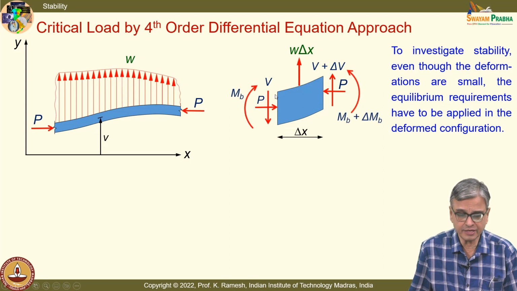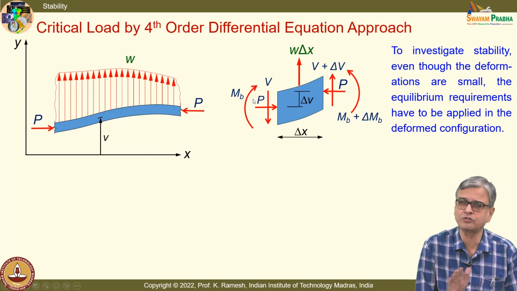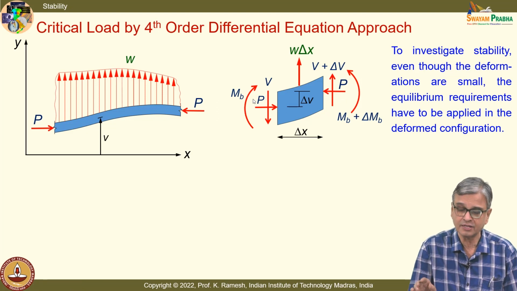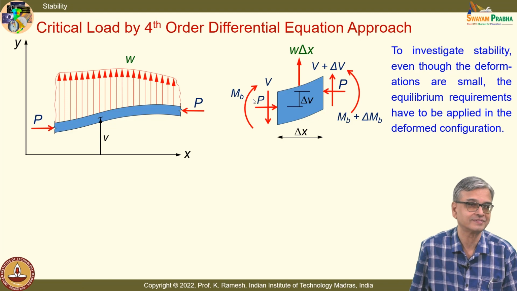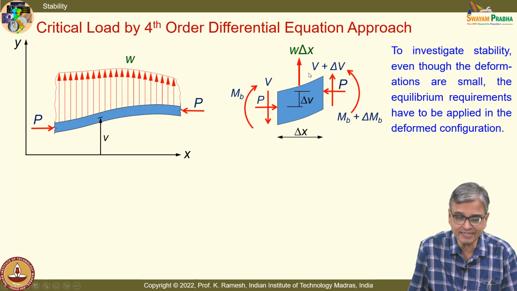You can put the shear force, you can put the bending moment, all that follows the usual convention that we have followed. What is extra here? I have a compressive load. Because I have considered this as a deflected shape, you must read this as small v, which is showing the deflection.